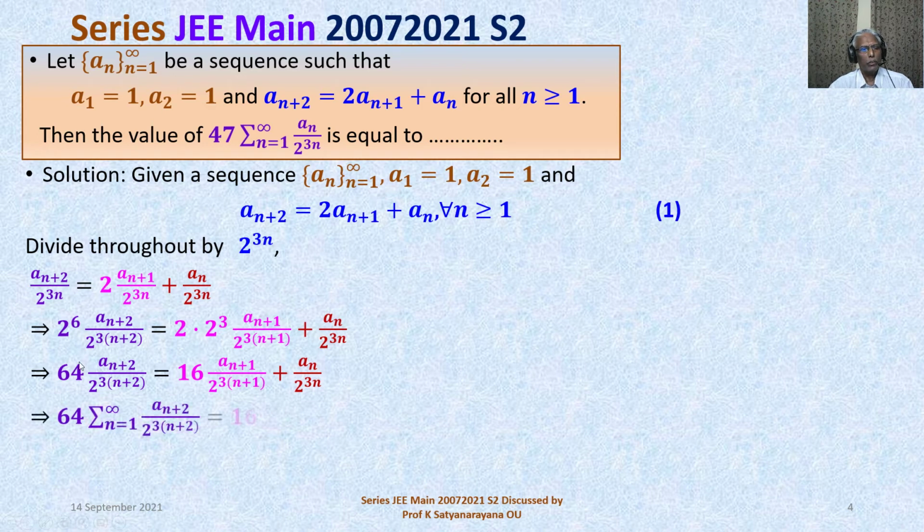So 64 times sigma n equal to 1 to infinity a_(n+2) by 2 power 3 into n plus 2 is equal to 16 times sigma n equal to 1 to infinity a_(n+1) by 2 power 3 into n plus 1 plus sigma n equal to 1 to infinity a_n by 2 power 3n. Thus, we got the series. So all these things are to be summed up.